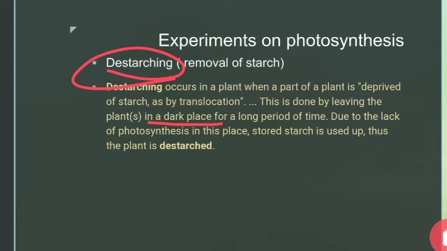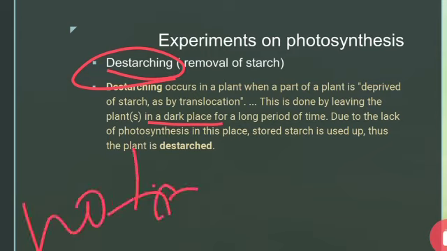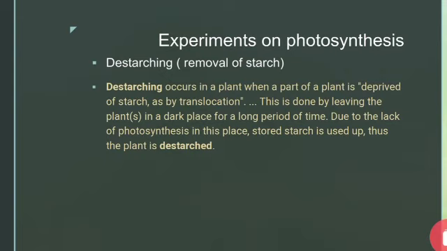During this period, the starch present inside the leaf will be consumed by the plant, and as there is no light in that room, the leaf is not able to perform photosynthesis.